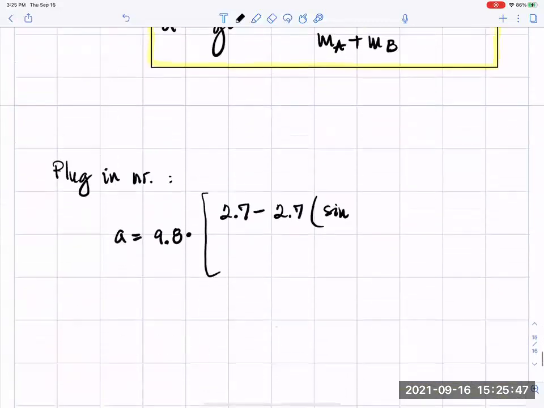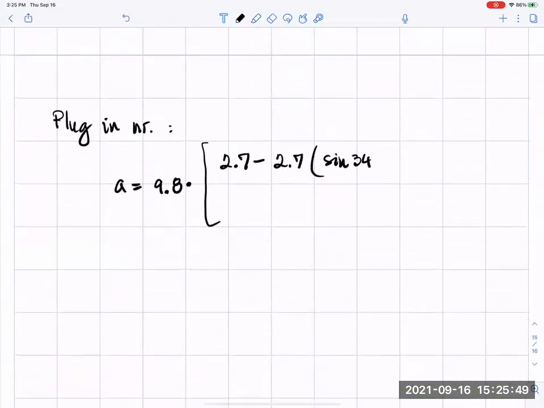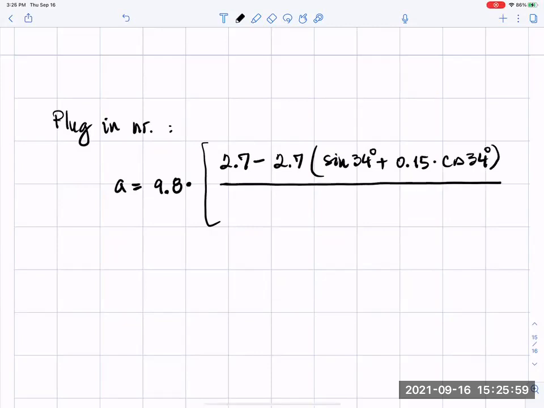Sine of 34. Make sure your calculator is set in degrees. Plus 0.15 times cosine of 34, all divided by 2.7 plus 2.7. They are all equal here.